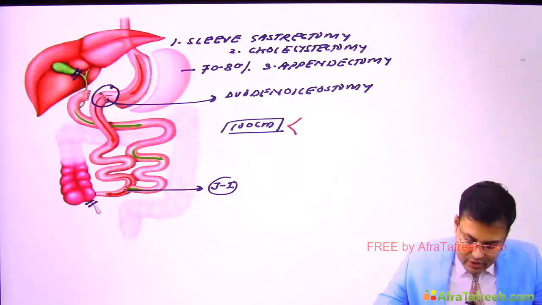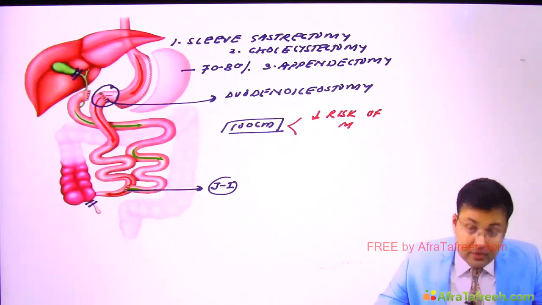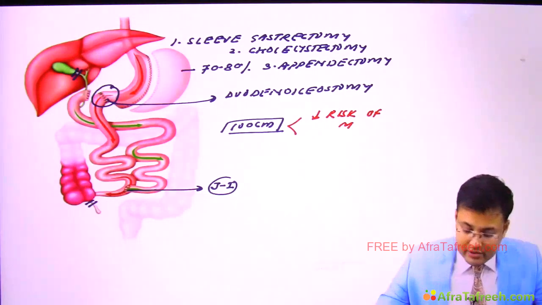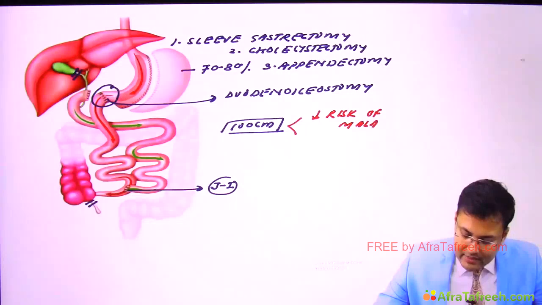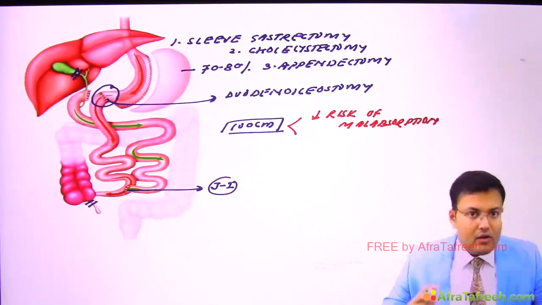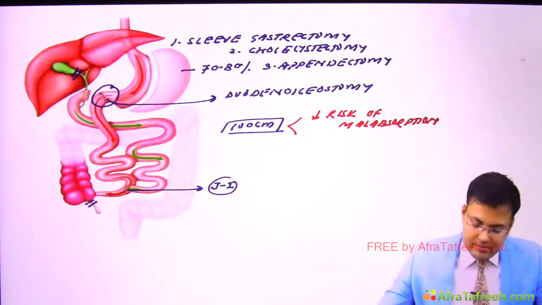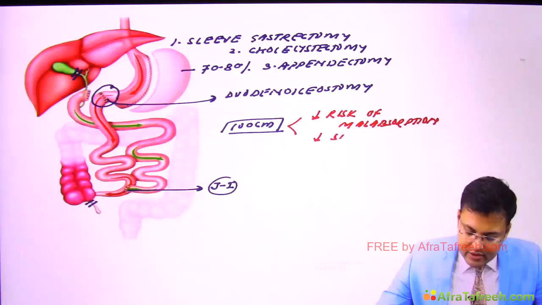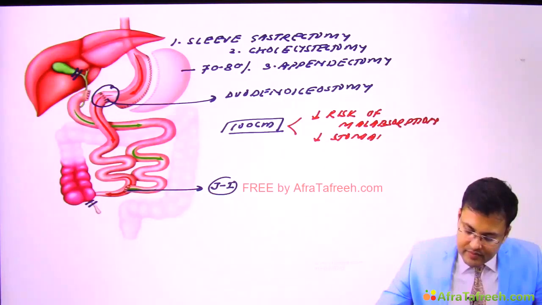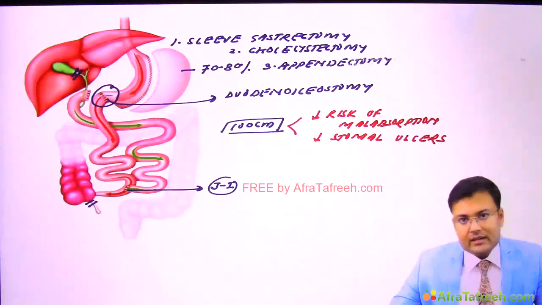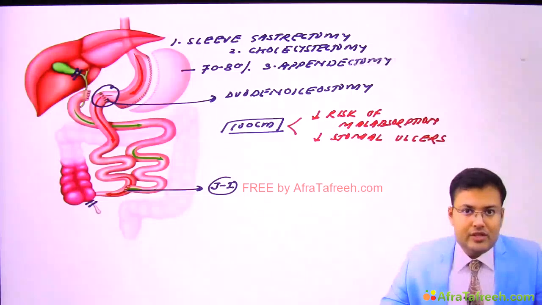There is low risk of malabsorption as compared to biliopancreatic diversion. And we have put a switch of duodenum. Because of that, there is decreased risk of stomal ulcers. Clear? So these are the types of bariatric surgical procedures.